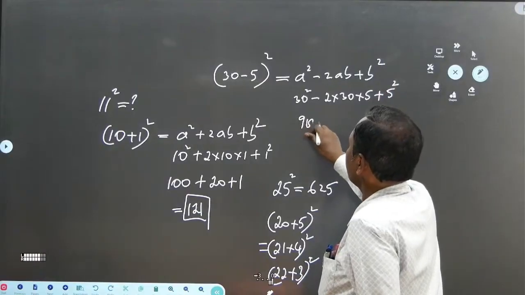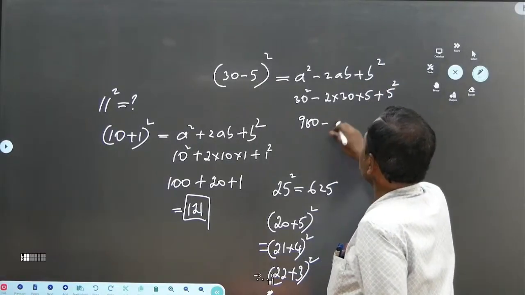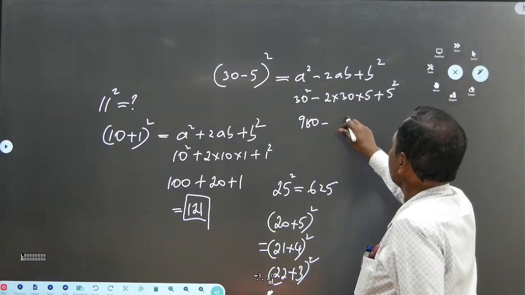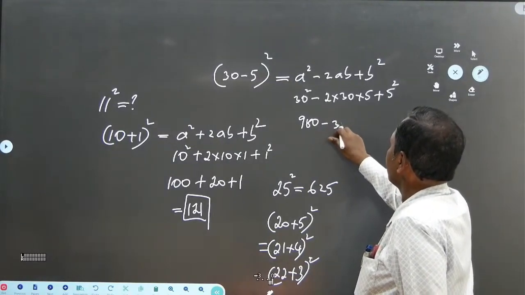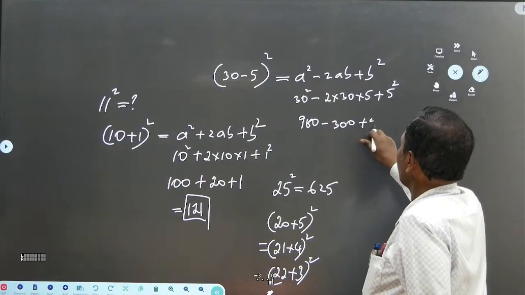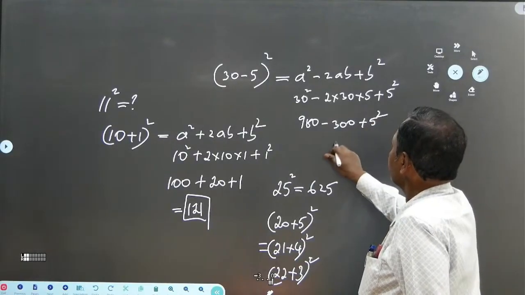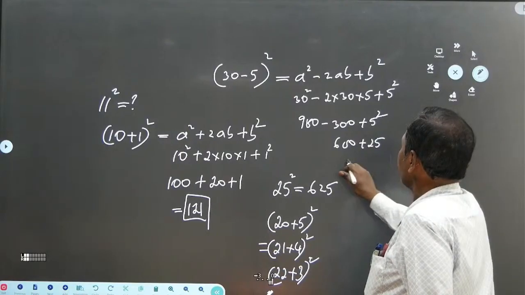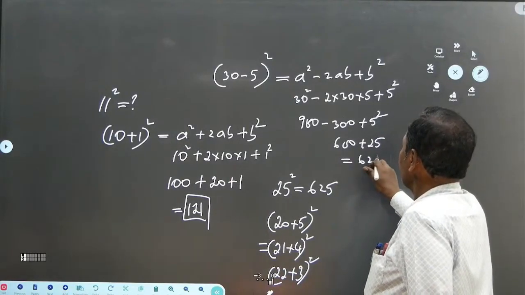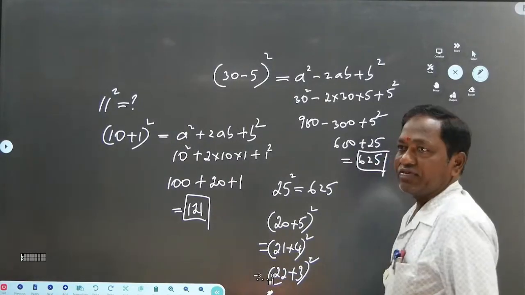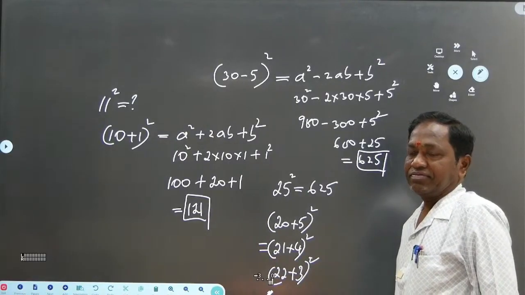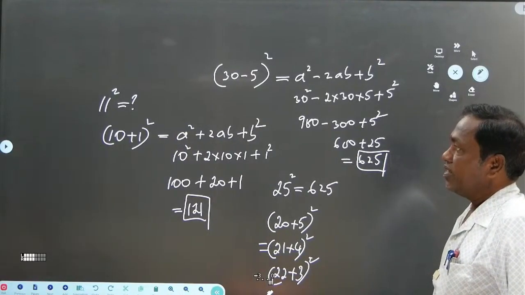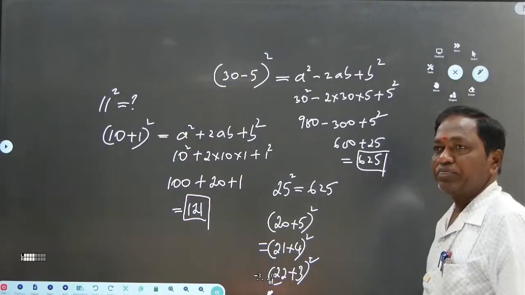And see, this is 900 minus 300, so 600, plus 25, therefore 625. It's like that. Okay, so a plus b whole square, a minus b whole square.